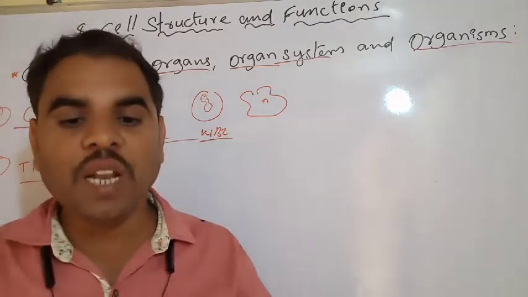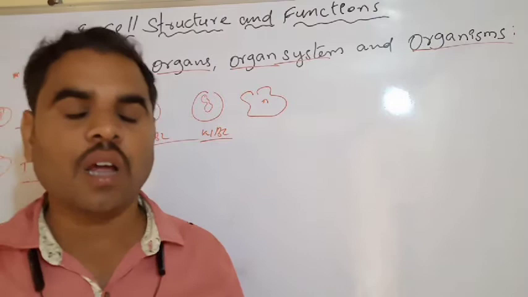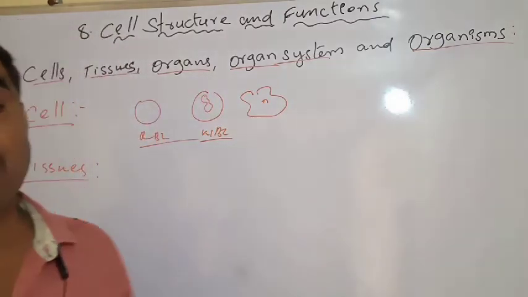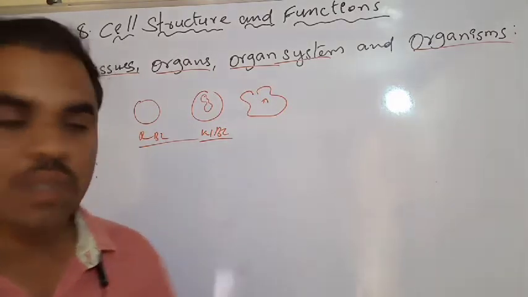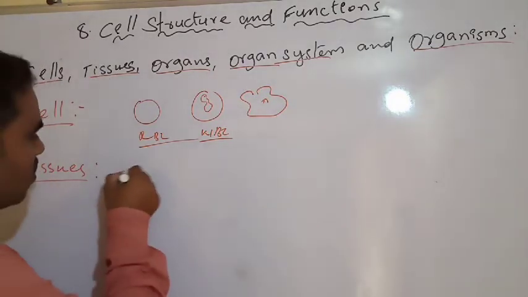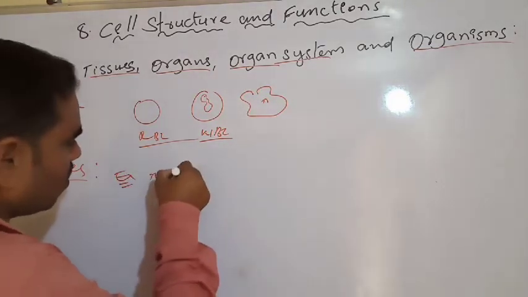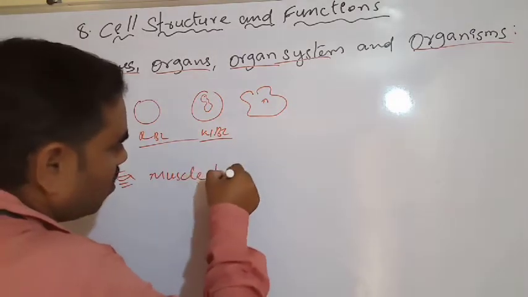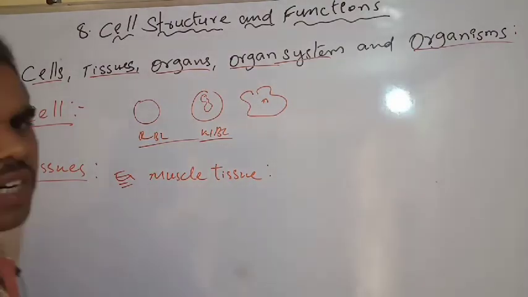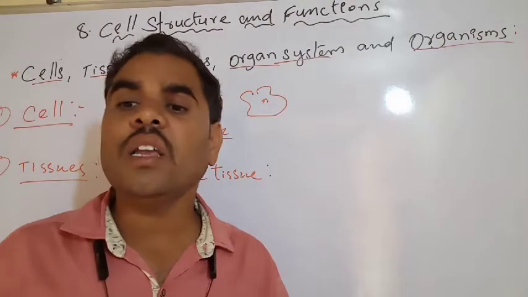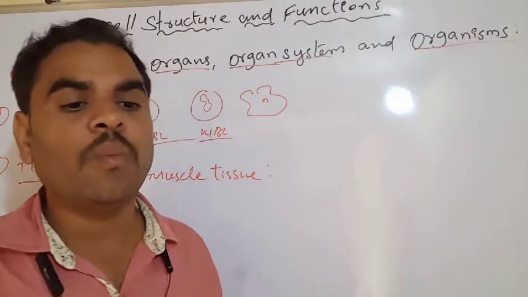The group of similar cells which work together to perform a particular function is called a tissue. For example, muscle tissue. What is the main function of muscle tissue? As I said, movement.